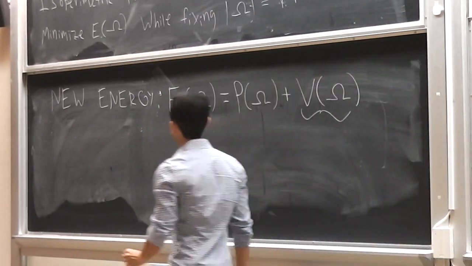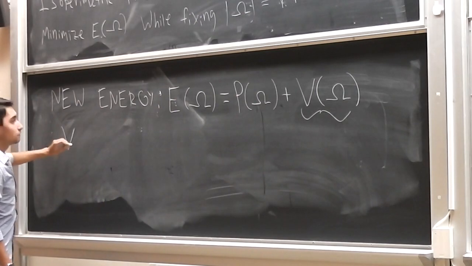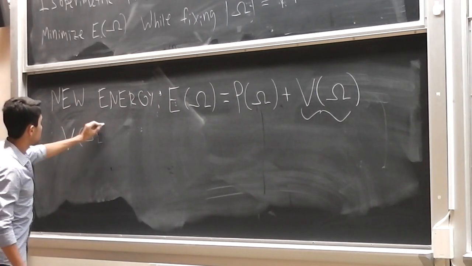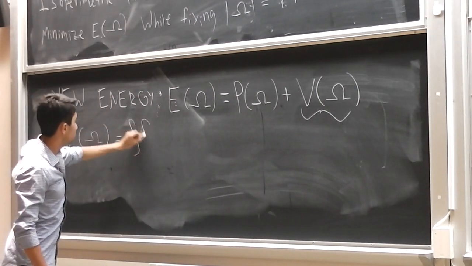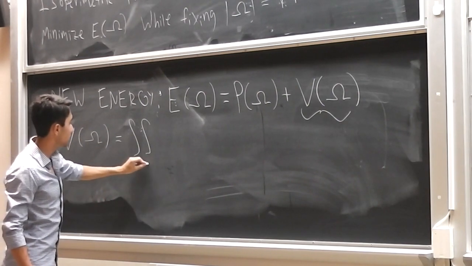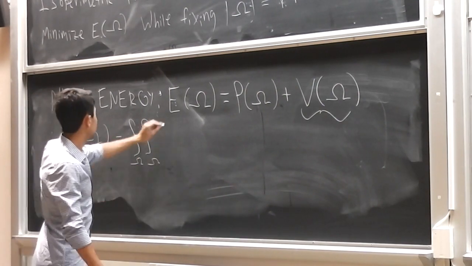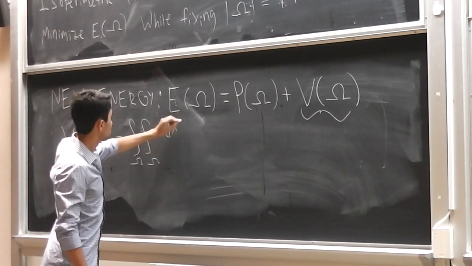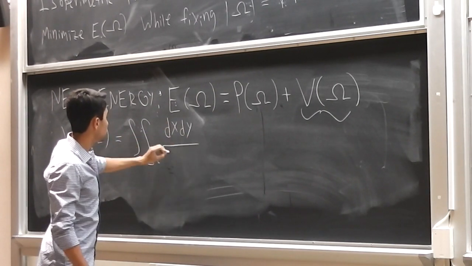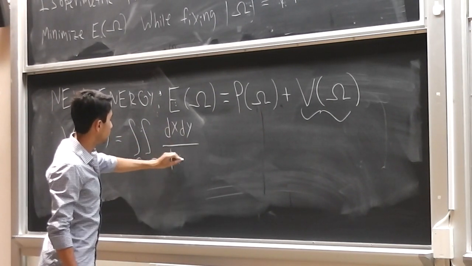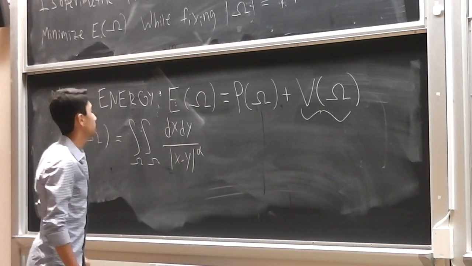We define V of omega like this. V of omega is you integrate twice over the region omega, 1 over |x minus y| to the alpha.